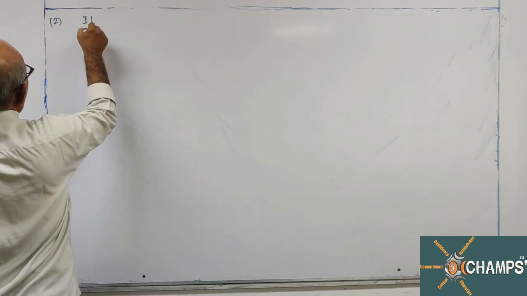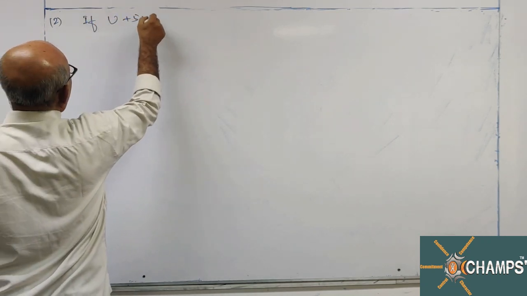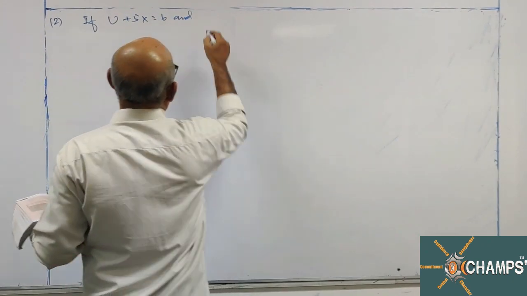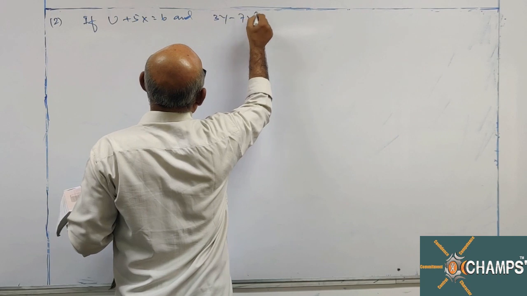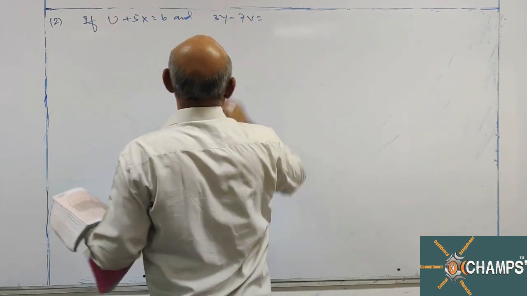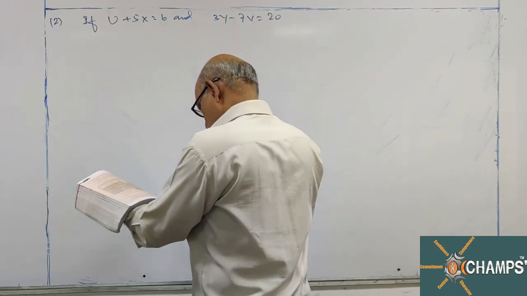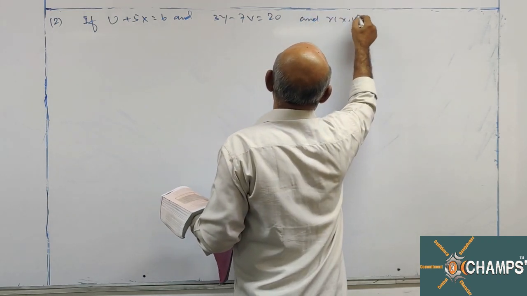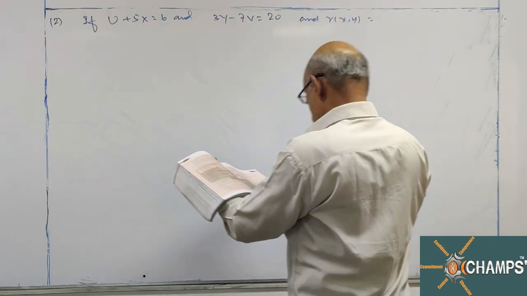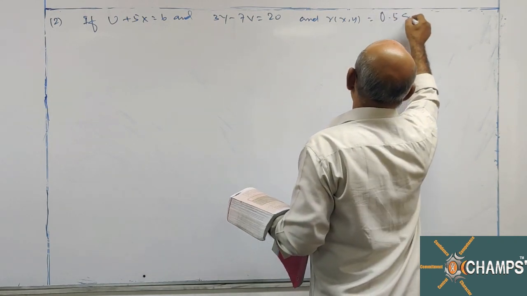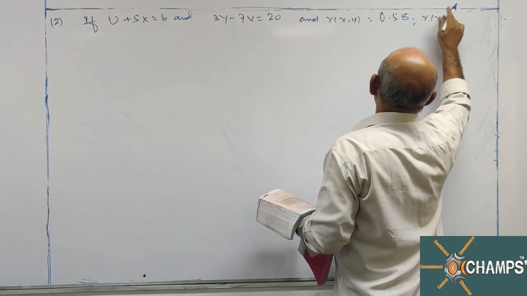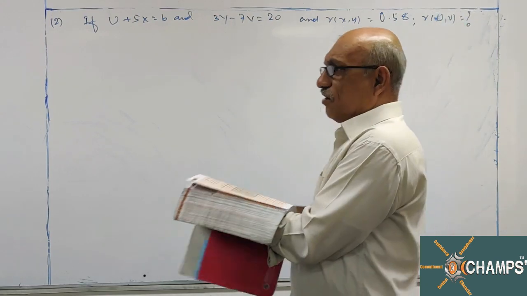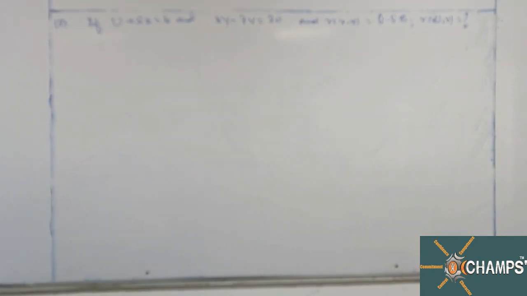If u plus 5x is equal to 6 and 3y minus 7v is equal to 20 and r of x comma y is equal to 0.58, r of u comma v is question mark.